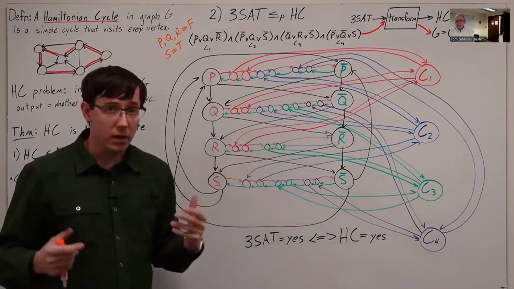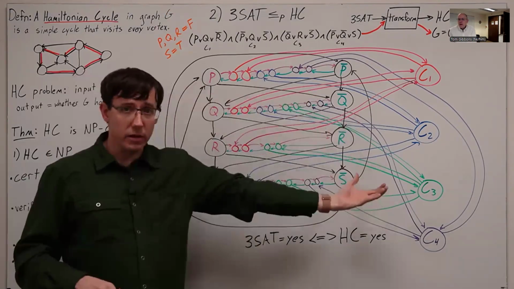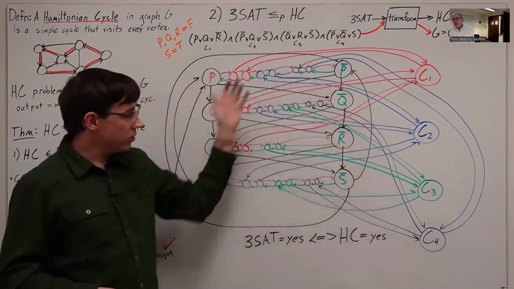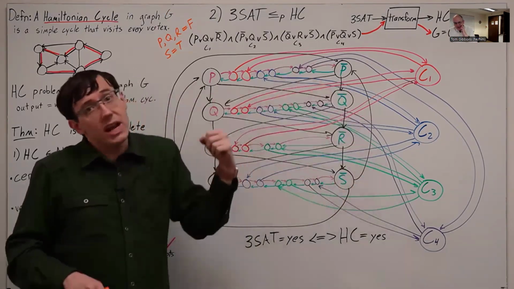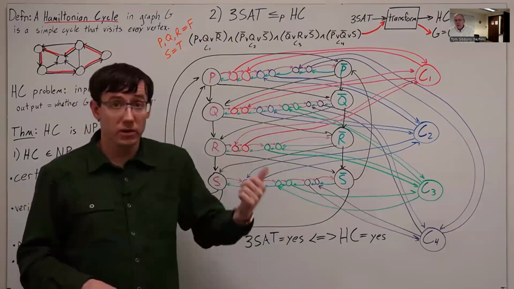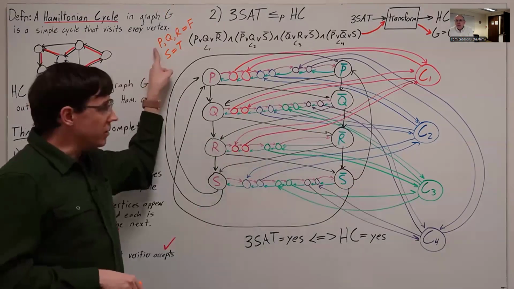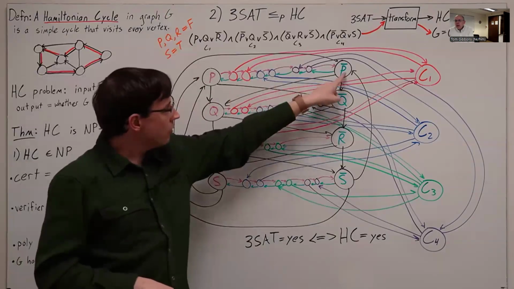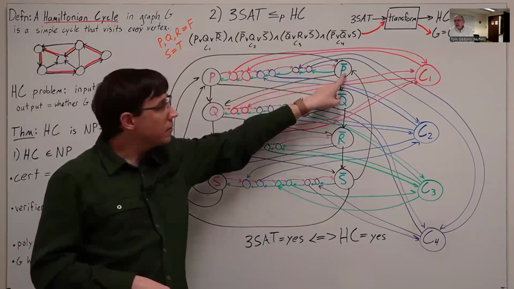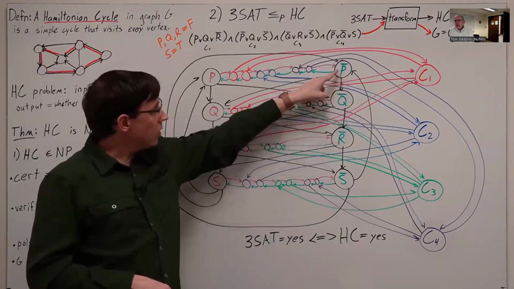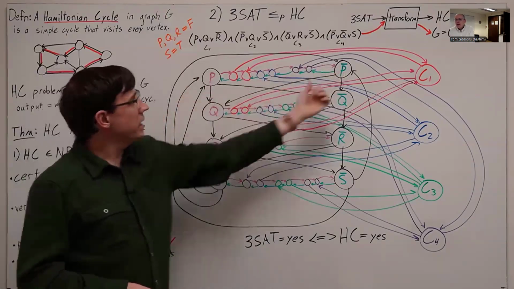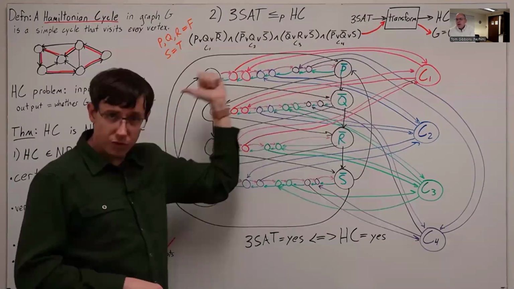Since we're talking about a cycle, we can start at any vertex, but then we need to traverse around the graph and visit every other vertex before we return. Since P is set to false, we'll start our traversal at not P, and we will go across this row in the P equals false direction.